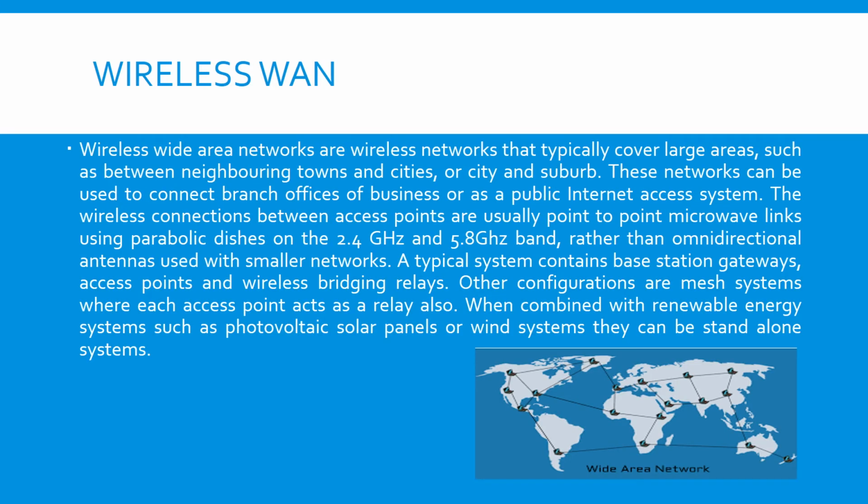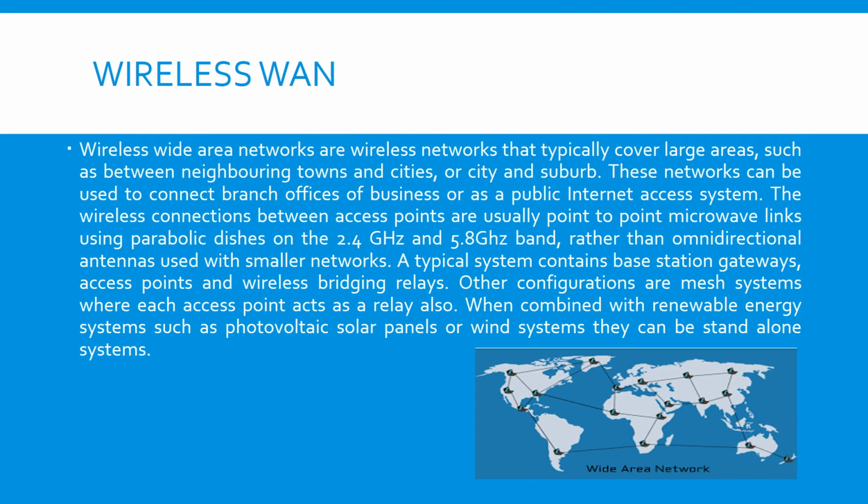Then we have wireless WAN. The wireless WAN includes where we can connect different cities, different states, and different countries with each other. And this wireless WAN is connected with the help of some radars and different types of base stations, gateways, access points, and bridging relays.